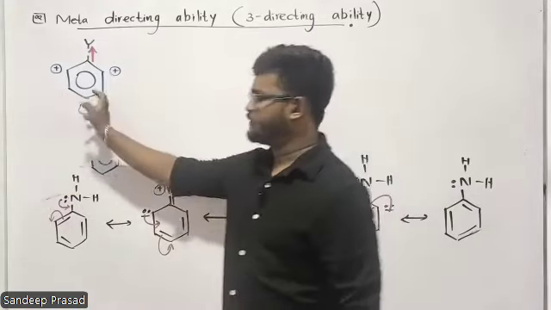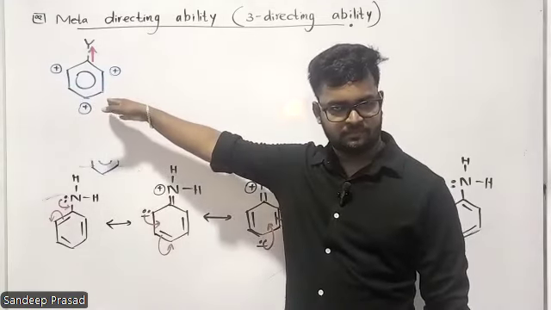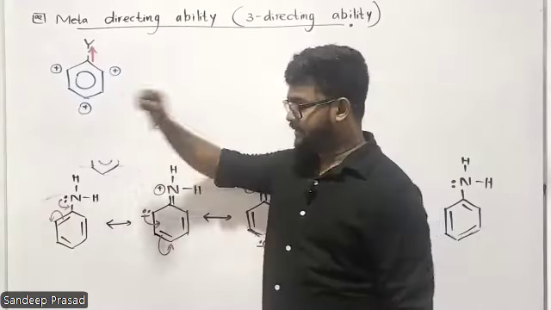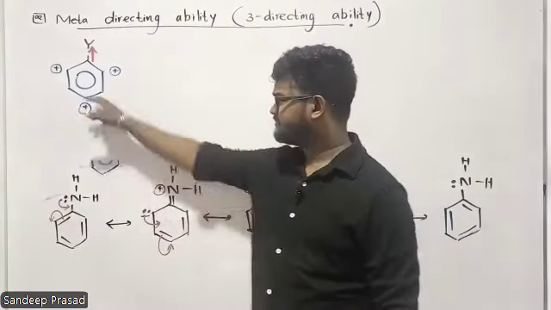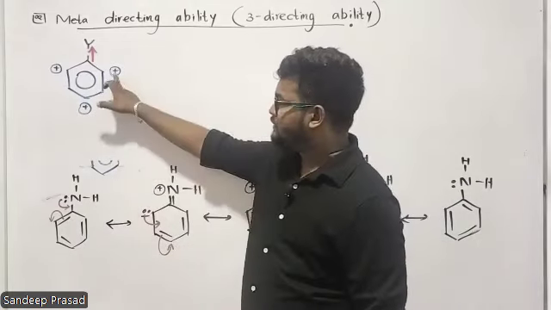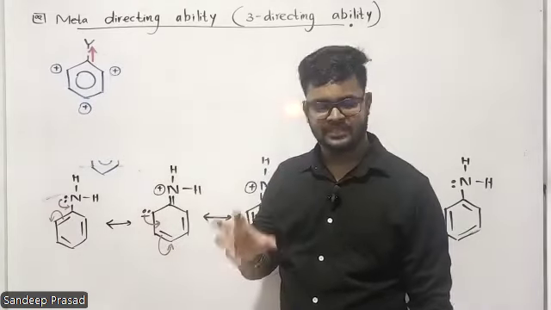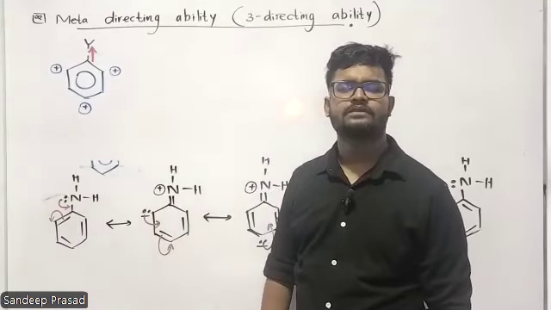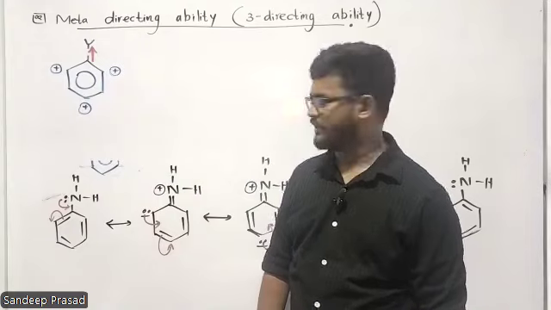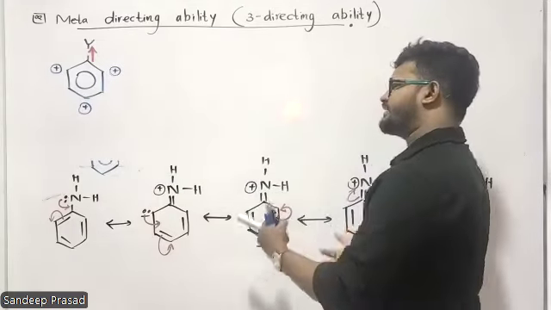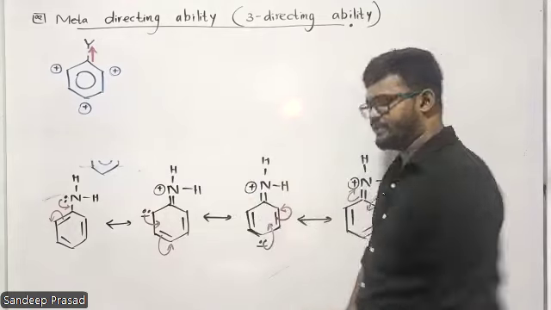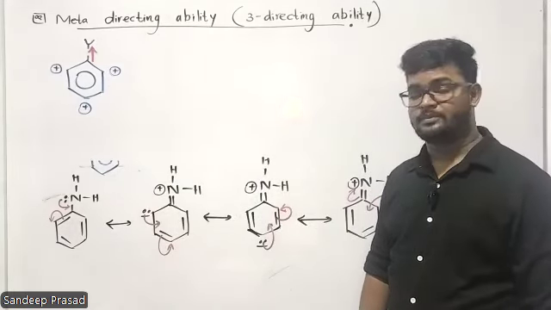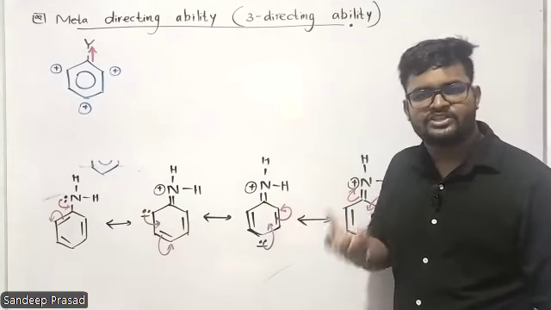We don't have negative charges on the benzene ring in the meta positions. But remember, relative to the ortho and para positions in the benzene ring, these meta positions are negatively charged, right? Then we can say that electrophiles easily connect to the meta positions of the benzene ring, not to the ortho para positions, because electrophiles are positively charged.